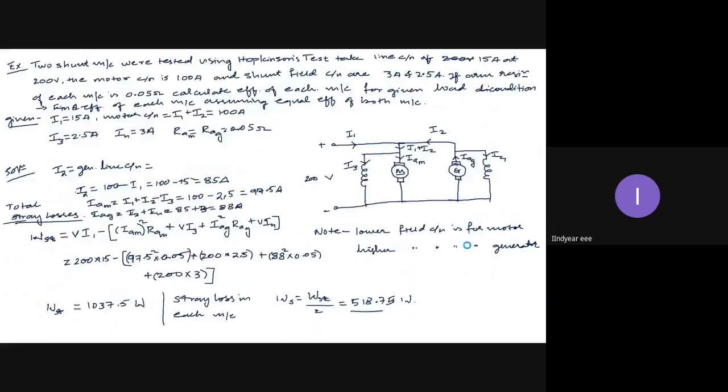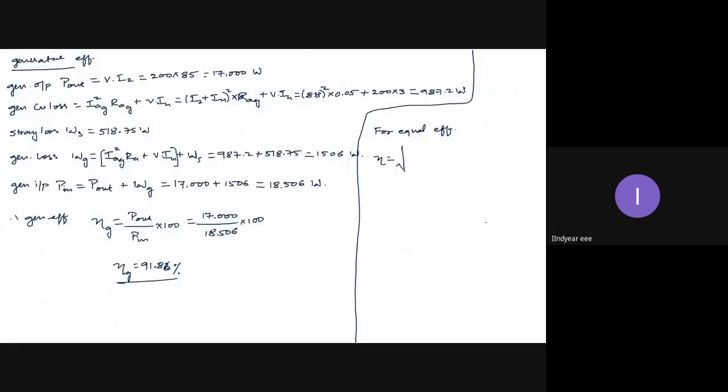That is a much easier way to understand instead of remembering the current values, because if the current nomenclature changes, then the equation changes. So as per this nomenclature of current, this is I2 divided by I1 plus I2.